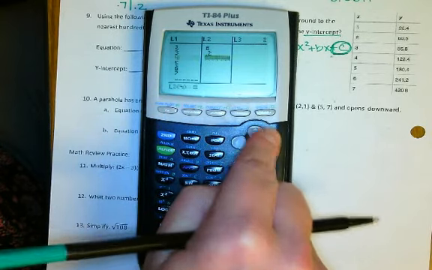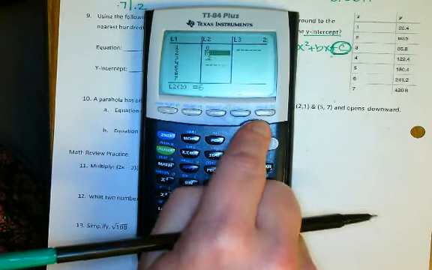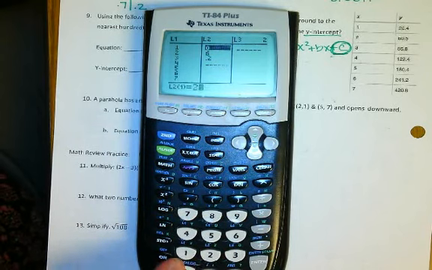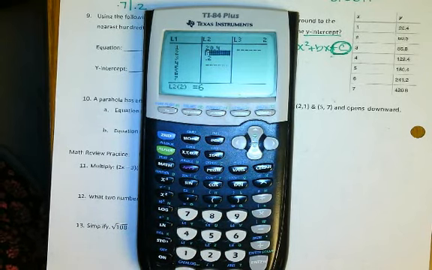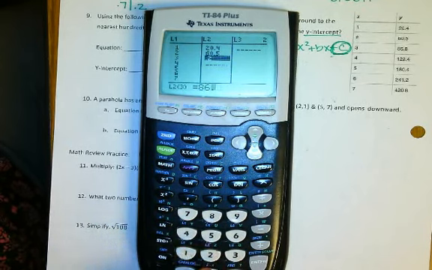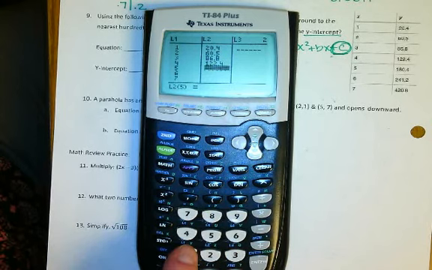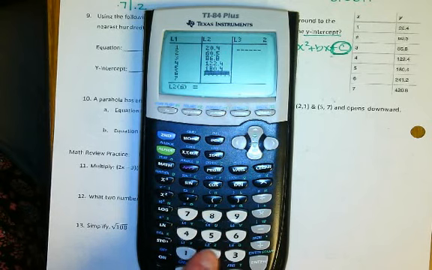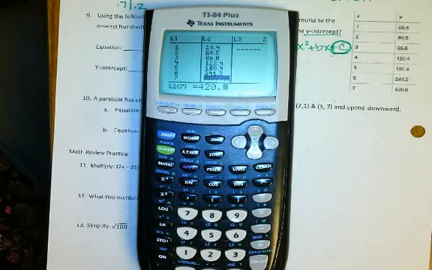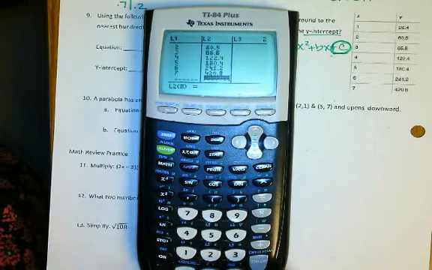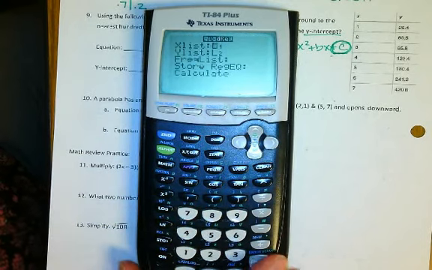Okay, and then I'm going to come back up here, and I'm going to have 20.4, 60.5, 86.8, 122.4, 180.4, 241.2, and 420.8.